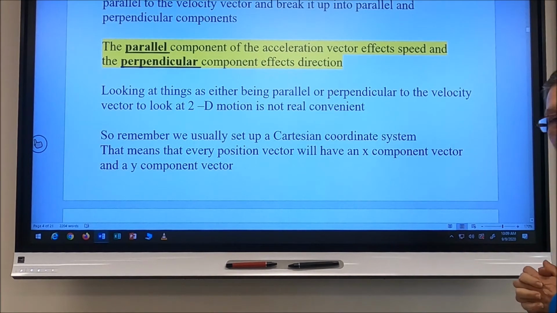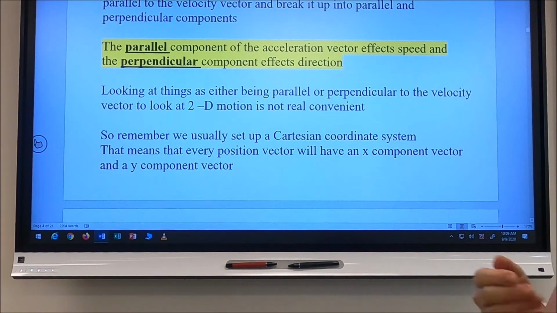So, it would be rather complicated for us to describe two-dimensional motion by talking about velocity vectors and accelerations being perpendicular or parallel to that trajectory. So we want to get into a method of dealing with two-dimensional motion that is going to be useful and easier to deal with.